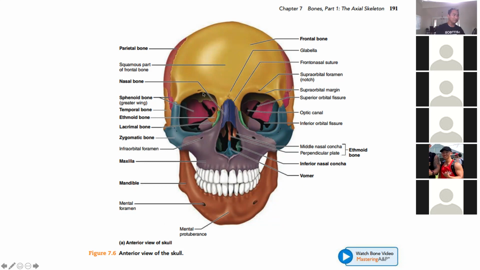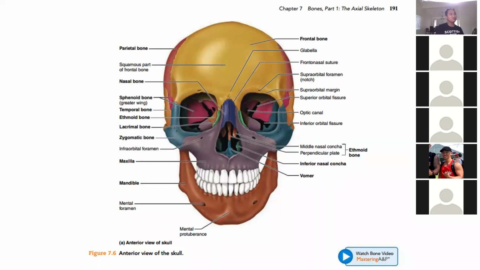The orbit is for the eyes: this is the right eye orbit, and this is the left eye orbit. This is the floor of the orbit, the orbital margin, and the maxillary bone, which is all our upper lip and around the nose. The cheekbone is called the zygomatic bone, and this is the mandible.